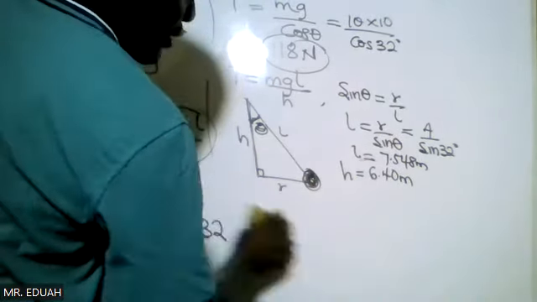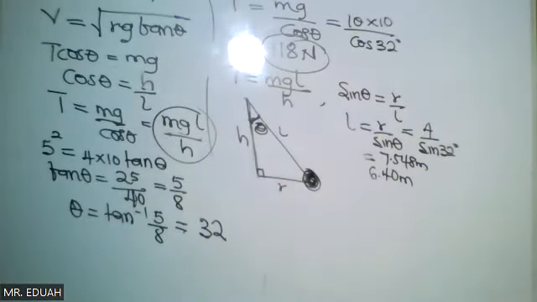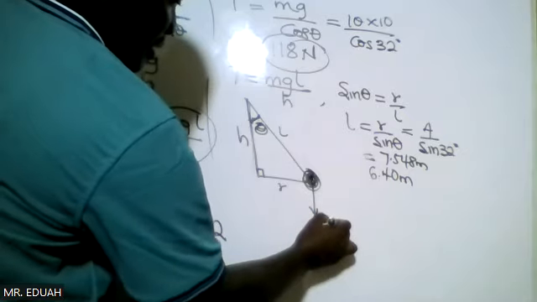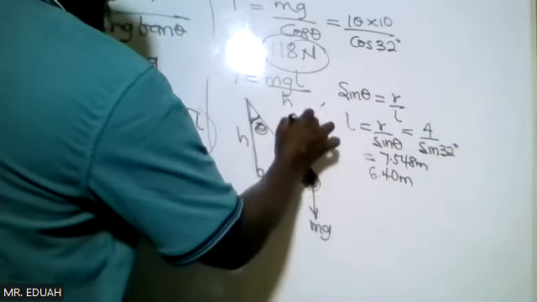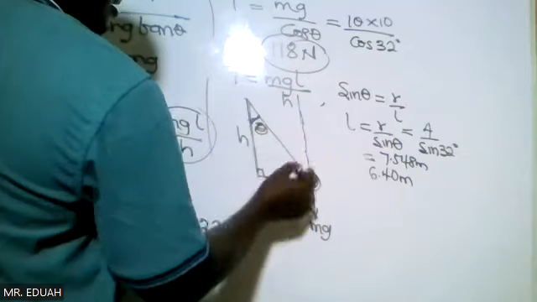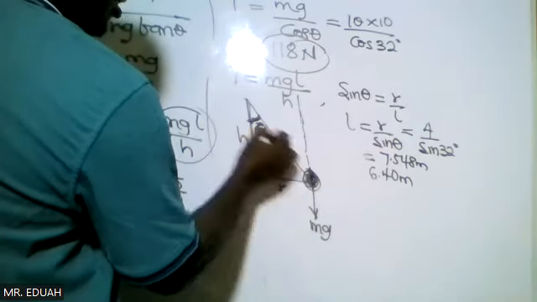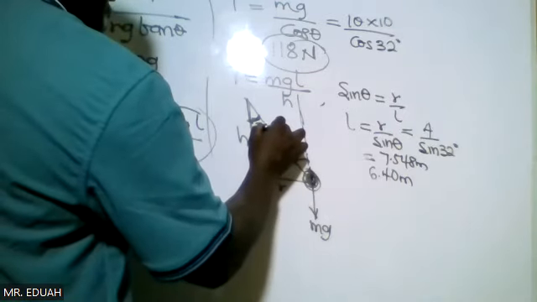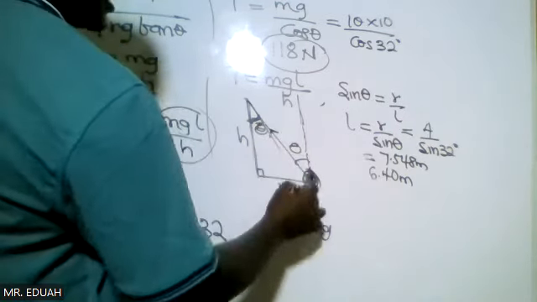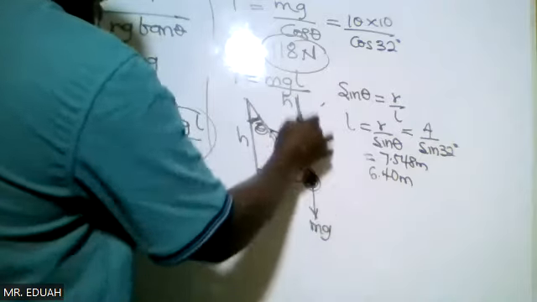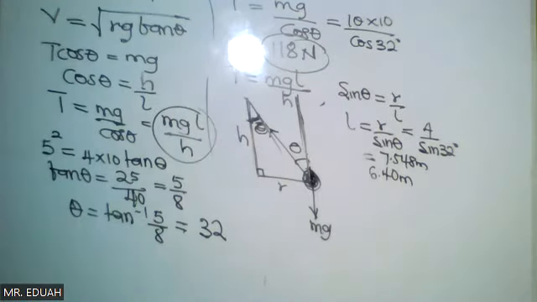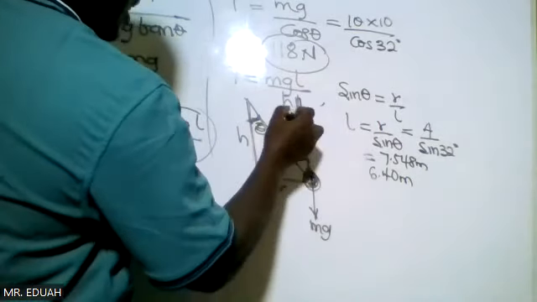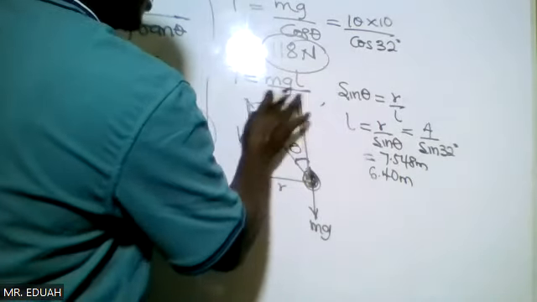Or you were not here right from the beginning. We resolve this. This is the weight mg. Then when we extended this, we got this angle alternating with this theta. There's a tension within the string. This side is the horizontal, and this is the opposite to the angle.